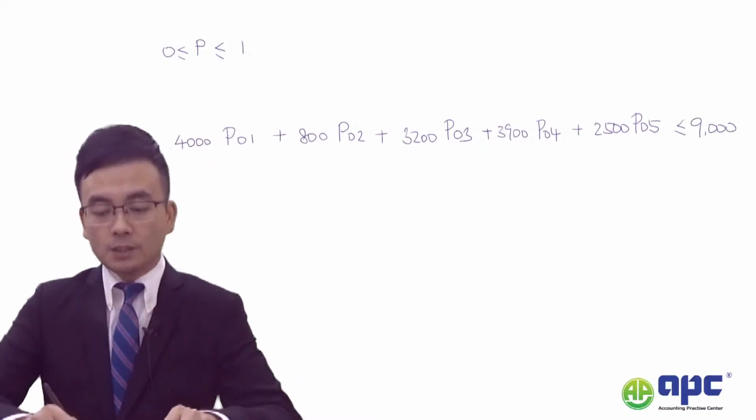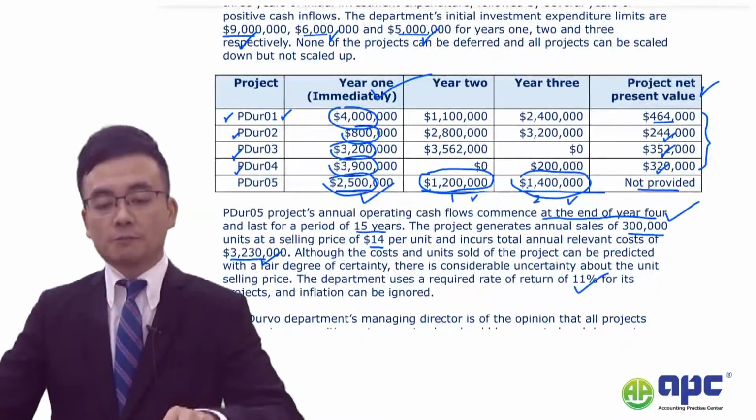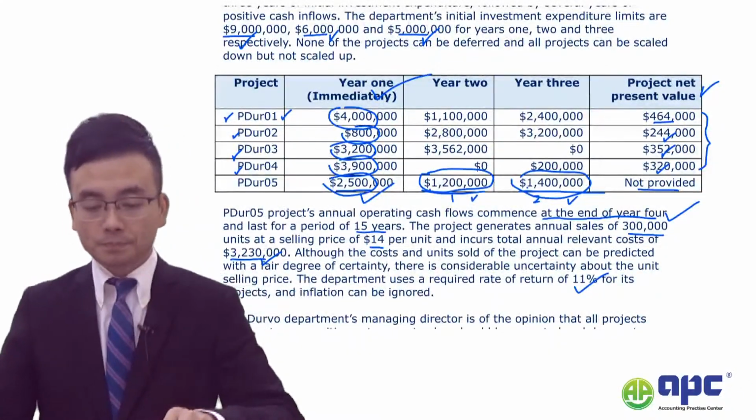The same applies to the subsequent constraints for year 2 and year 3 respectively, which is fine.